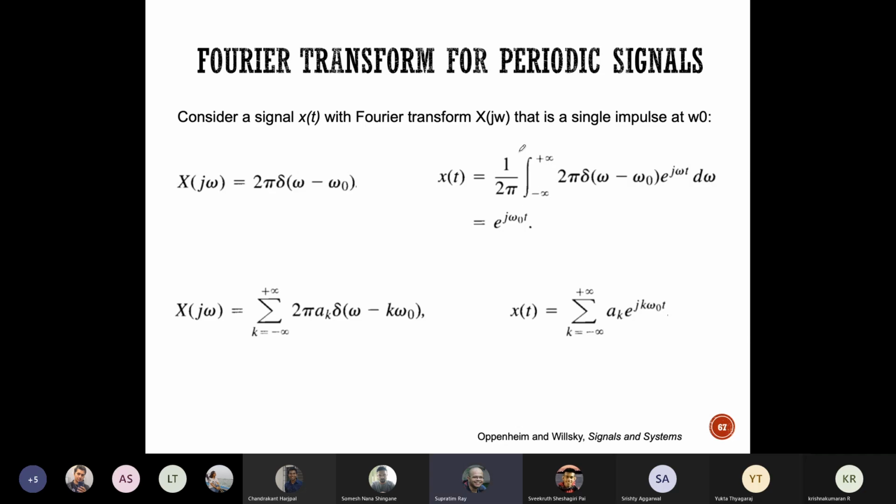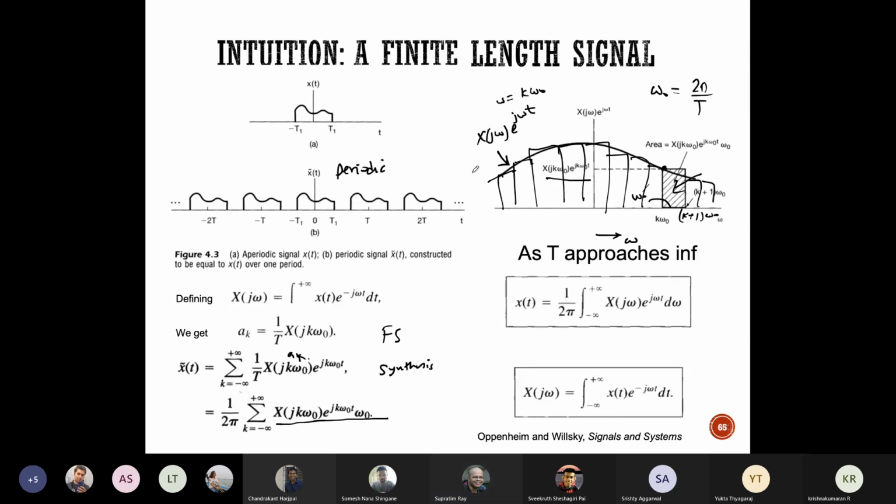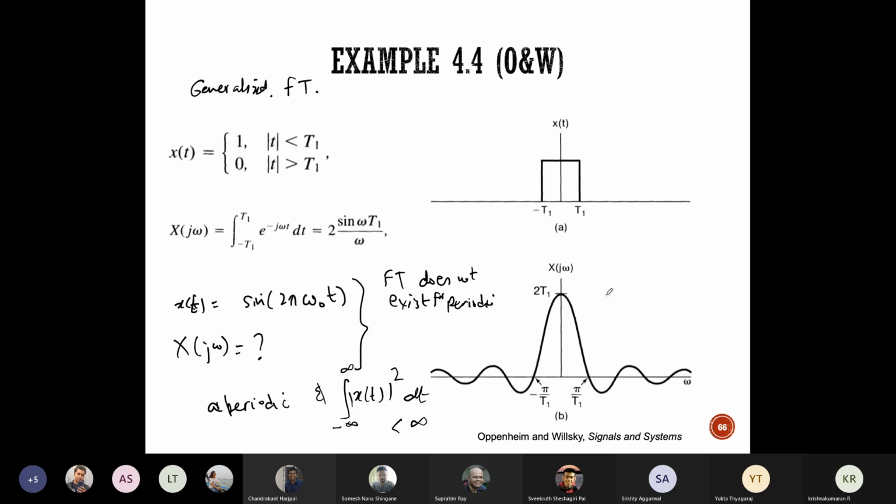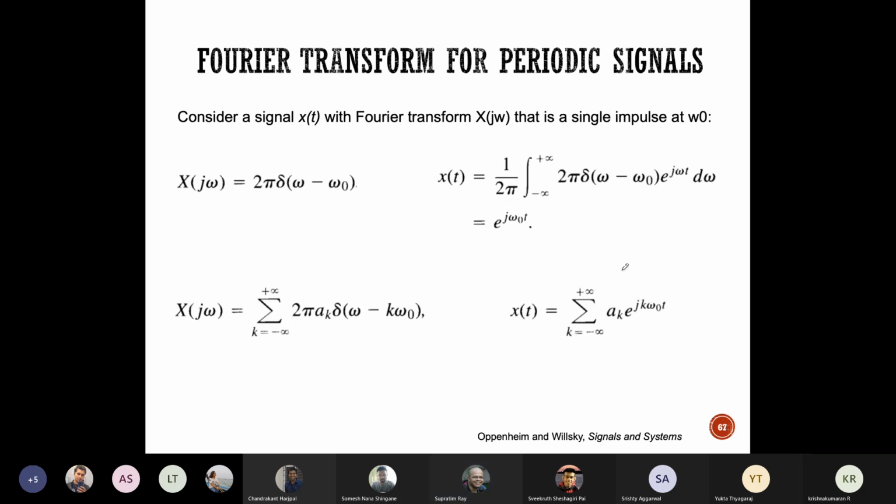If I do that, I am now finding x(t), using this formula here, given X(omega) is a delta function sitting at omega naught. So I put this in as your X(j omega), and when I integrate it, you can see this is the shifting property.